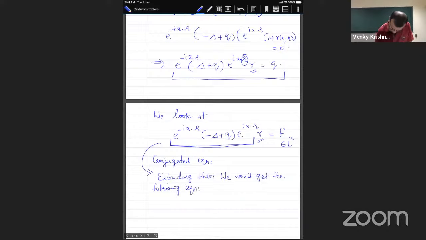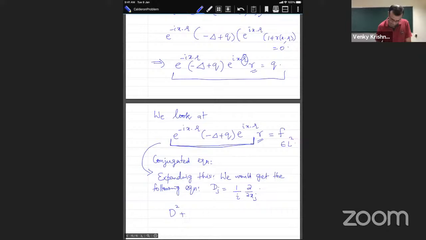Let me put D_j as 1 over i, where i is the complex unit, times d/dx_j. So D_j is this, and when I expand this out, this is just a simple calculation, so I'll leave this to you.